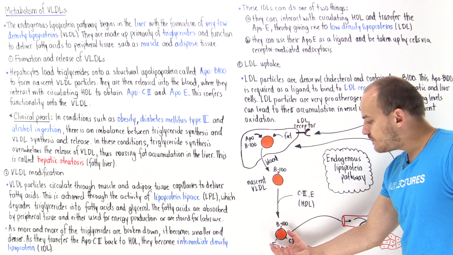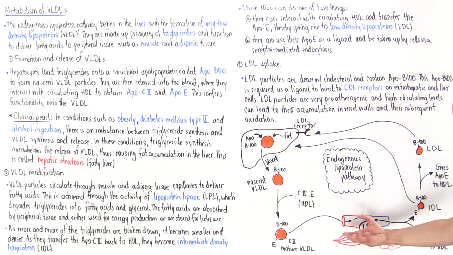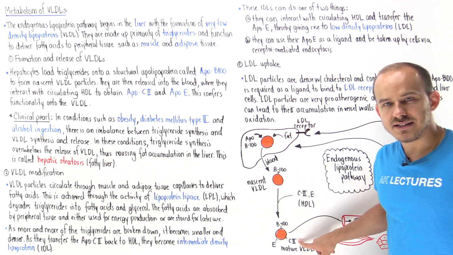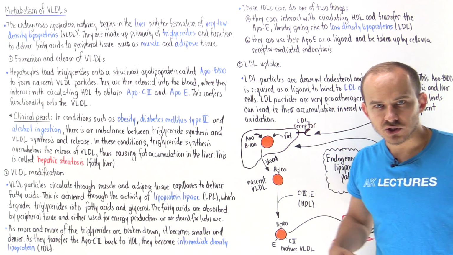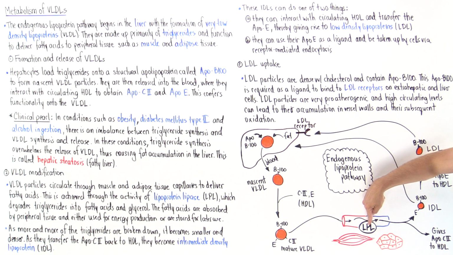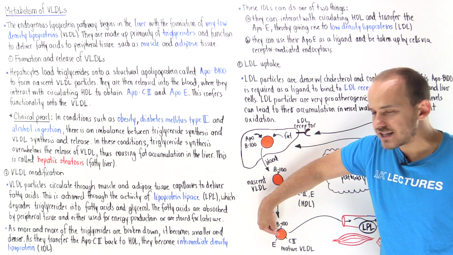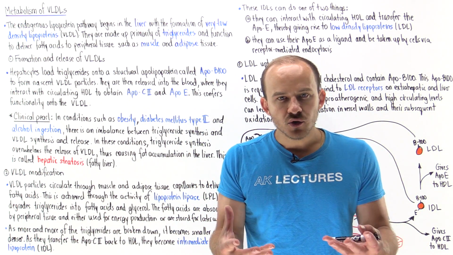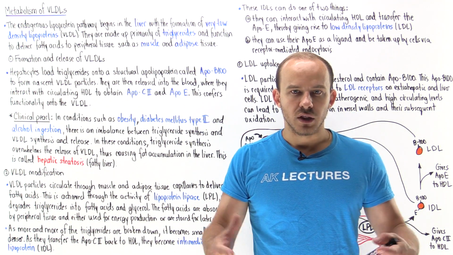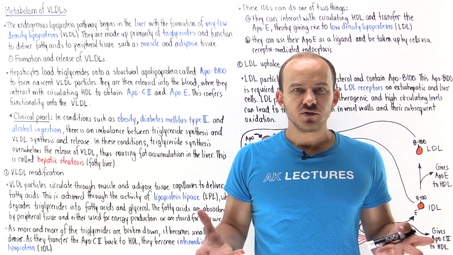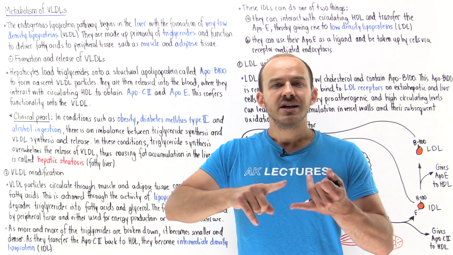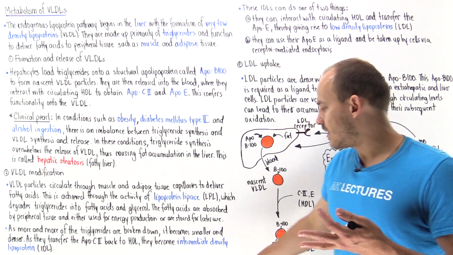And as these VLDL molecules travel across the LPL molecule, apolipoprotein C2 acts as a cofactor to induce this enzyme LPL. And what LPL does is it breaks down the triglycerides into fatty acids and glycerol. Now, glycerol is a water-soluble molecule, and it simply remains dissolved in the bloodstream until it's picked up by the liver. And in the liver, the glycerol is used to help form glucose and other molecules.